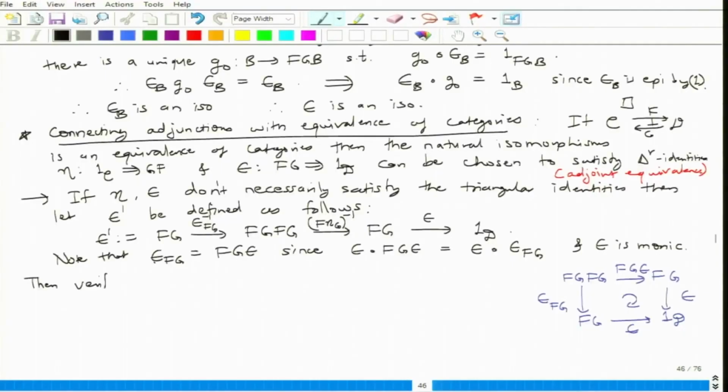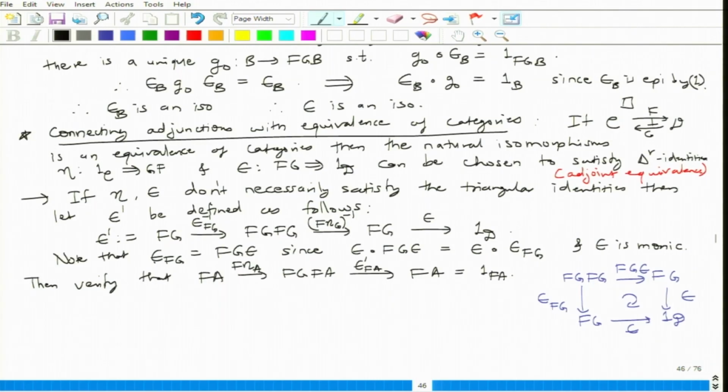And then you compute. Yeah, then I'm just going to write verify that you go from FA to FGFA to FA. This is F eta A, and this is epsilon prime of FA. Yeah, verify that this is actually equal to 1 sub FA.